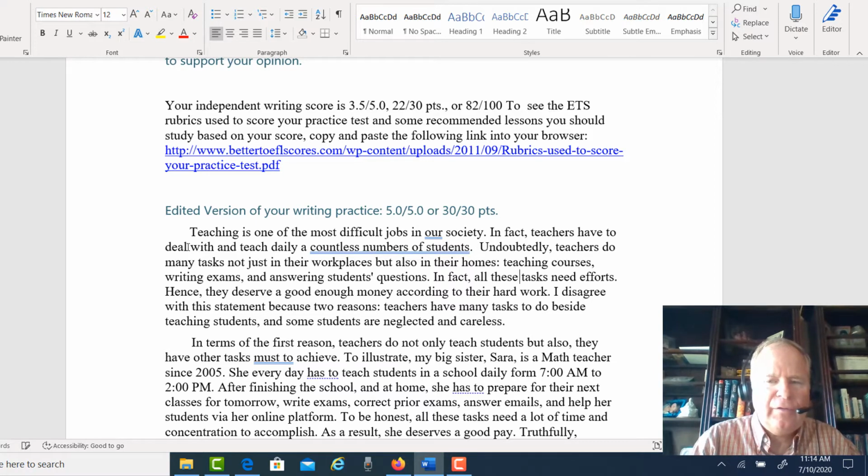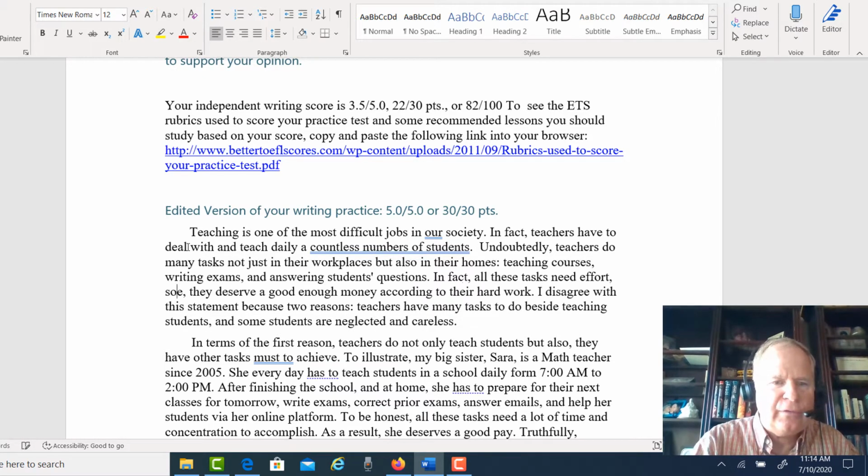In fact, all these tasks require effort, need effort. And I'm going to combine these two, and I'm going to say comma, so. You want to be careful you're not using too many short sentences.